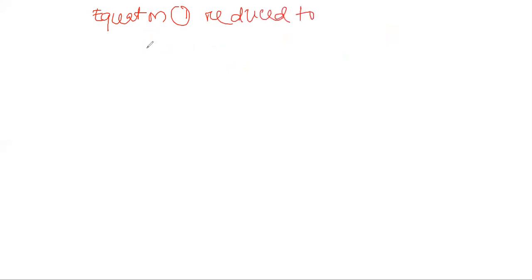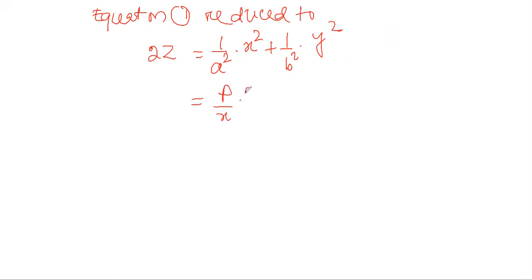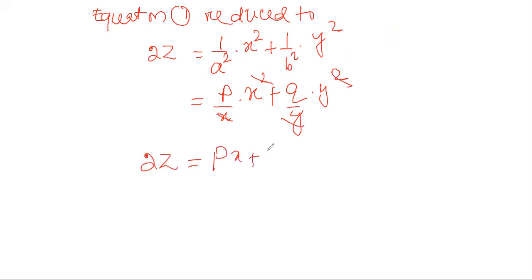2z is equal to 1 by a square into x square plus 1 by b square into y square, and that value becomes this is p by x into x square, and this is q by y into y square, so x cancels, y cancels. What is the value? 2z is equal to px plus qy.